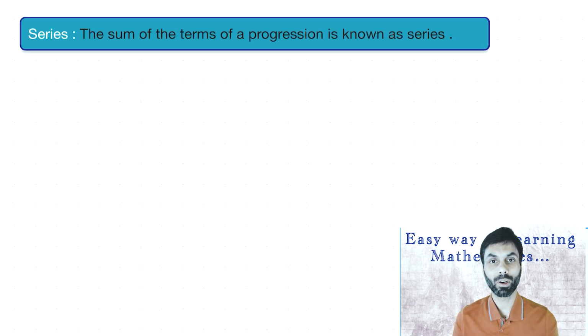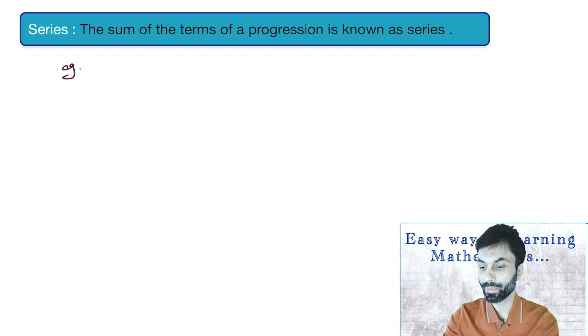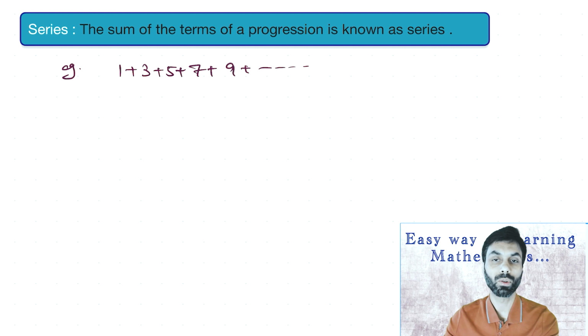Next, we'll talk about series. What is a series? A series is the sum of the terms of a sequence. In this case, for example, 1 plus 3 plus 5 plus 7 plus 9 and so on makes a series.